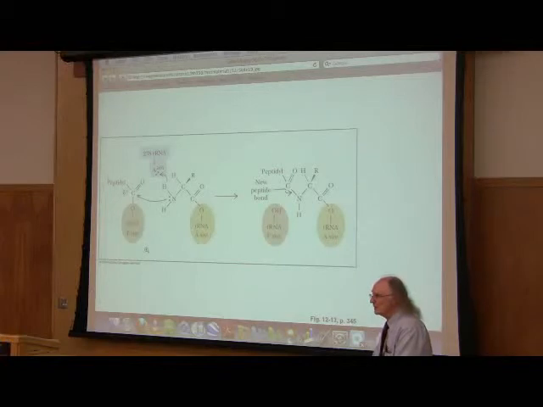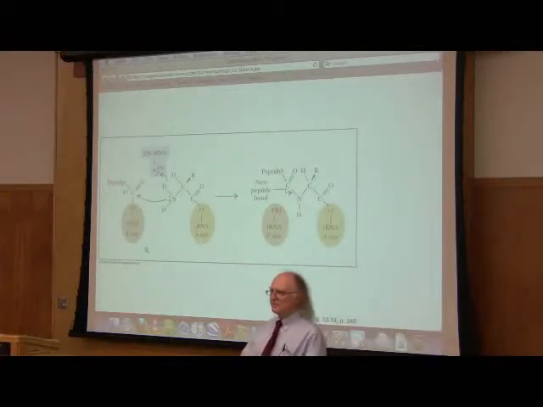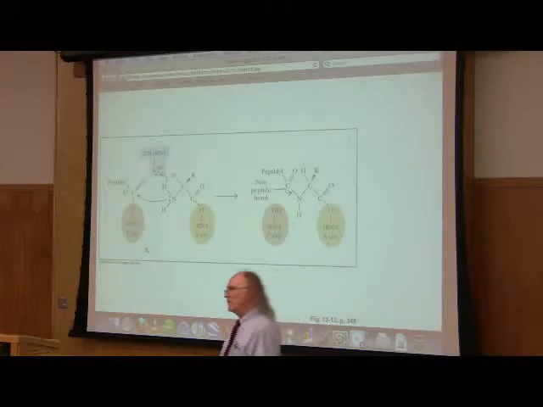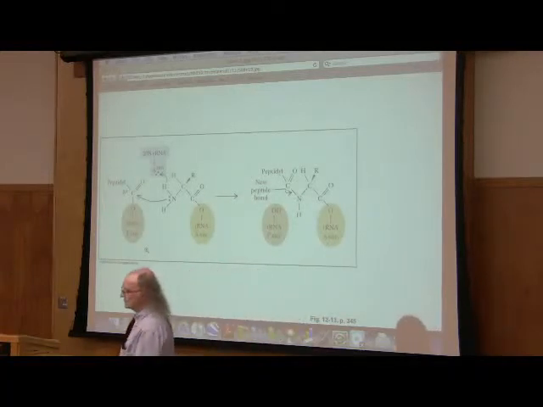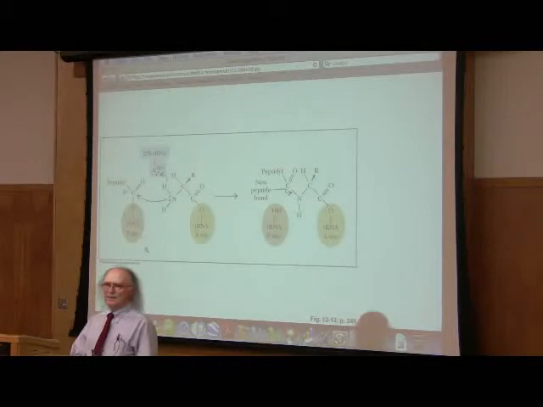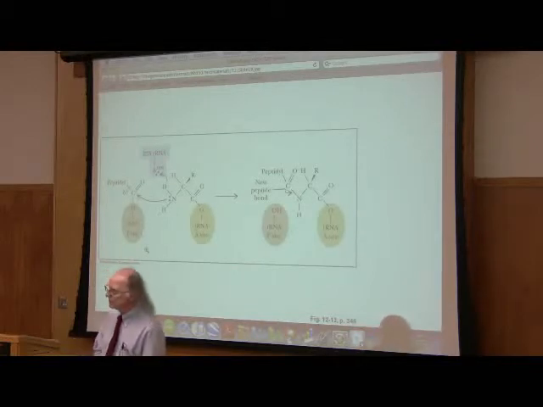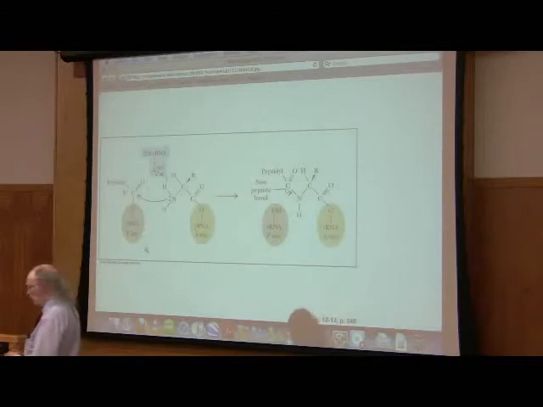Well, what happens then? What happens is that there are proteins called release factors that come and they bind to the A site. So they're going to facilitate the termination of translation. Release factors. And yes, there are several of them as well. The numbers won't matter for our purposes.